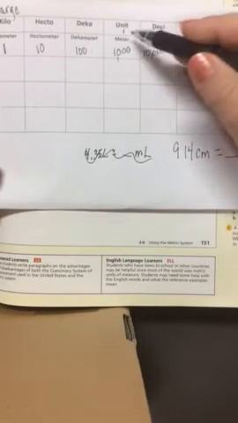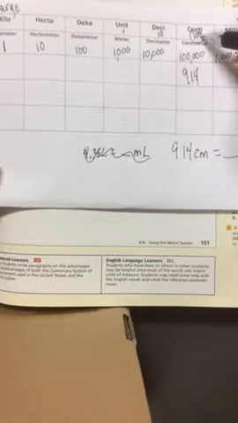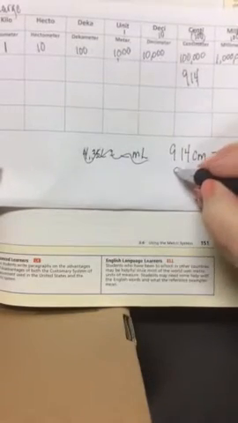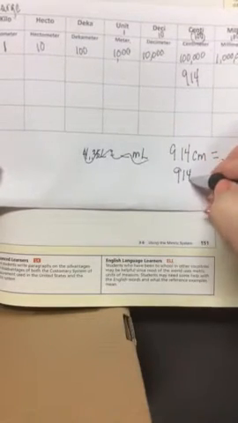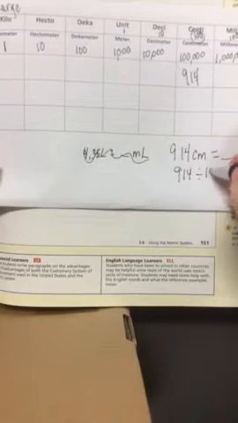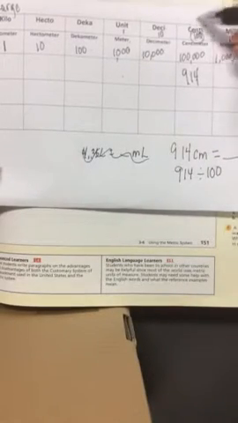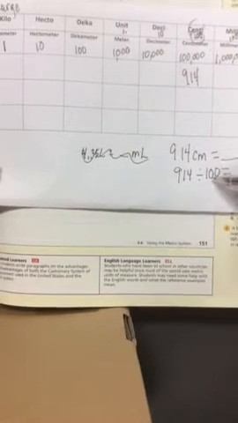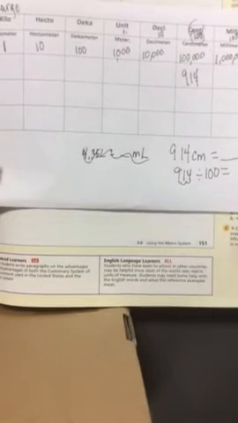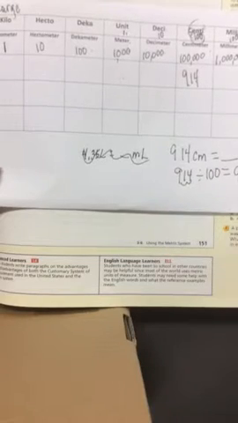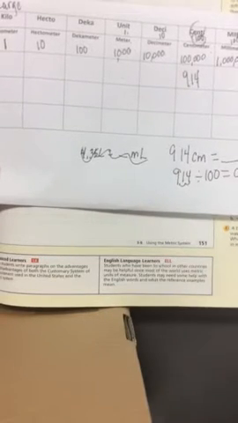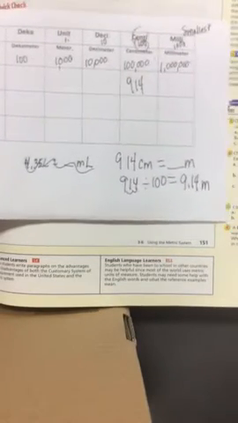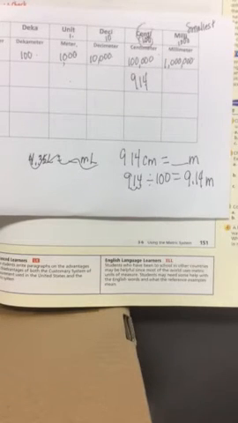Here's our conversion factor. There's a difference of 100. So 914 divided by 100, because we're going from a smaller to a larger unit, so you have to divide. You move your decimal place over 2, and it's 9.14 meters. Okay? Let's see if that helps you, and I'm going to send this to you.